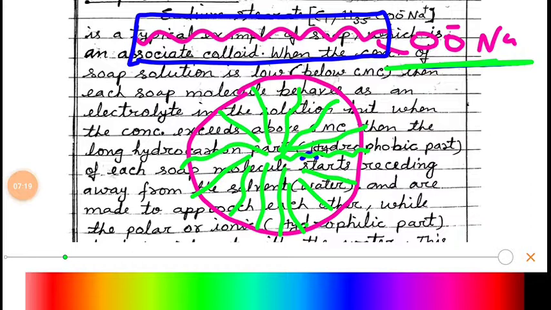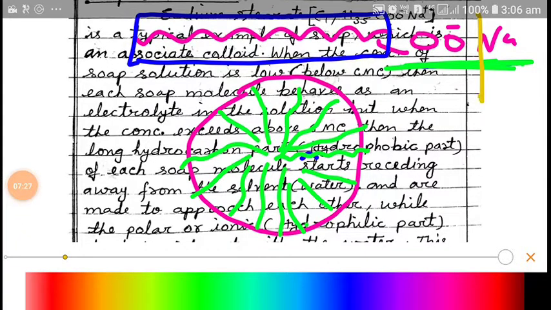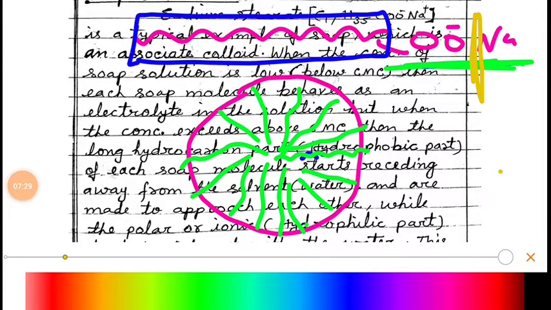जैसे ही हम सोप या डिटर्जेंट को पानी में डालते हैं, तो since this part is ionic in nature, इसमें जो सबसे पहला काम होता है वो ये होता है कि this molecule breaks from here, and when it breaks from here, the Na plus removes from here, and what is left is only the COO minus part. तो इसके जो लास्ट में होता है, that is COO minus. So I cannot show here, but you just imagine that at the last it is COO minus.